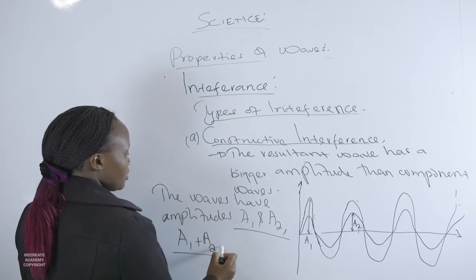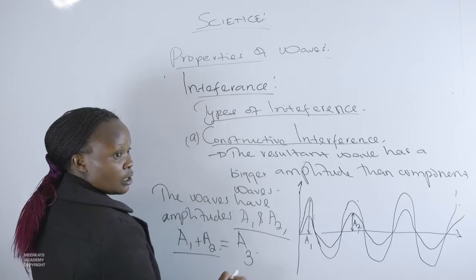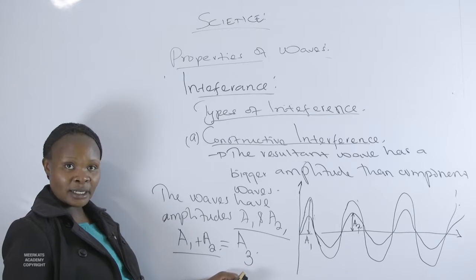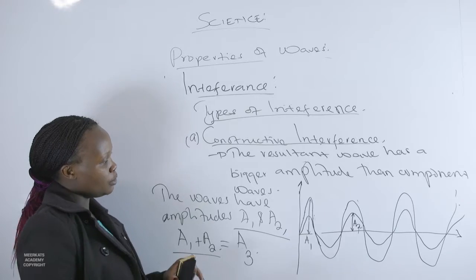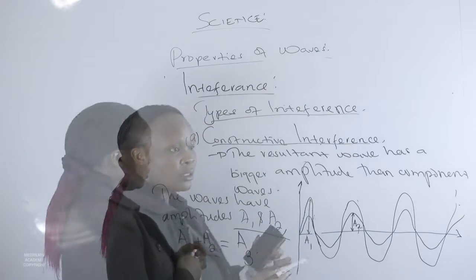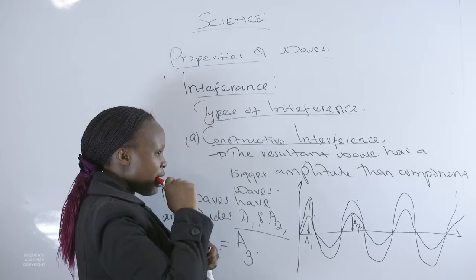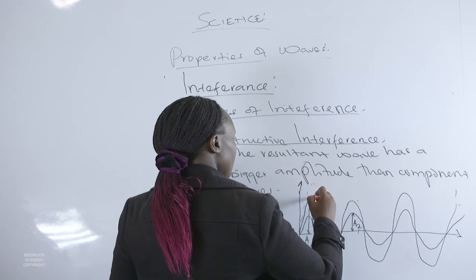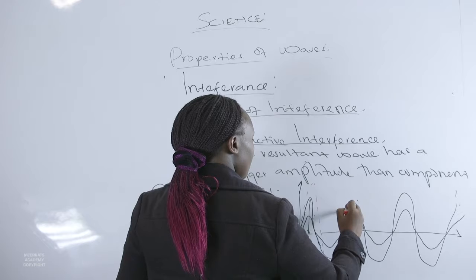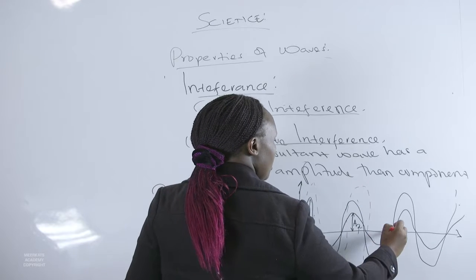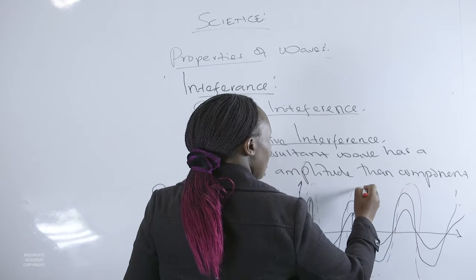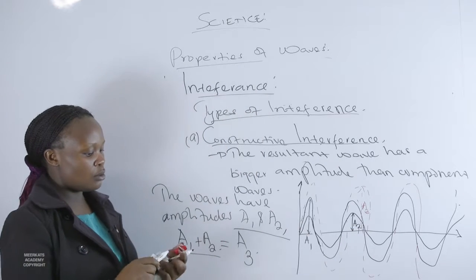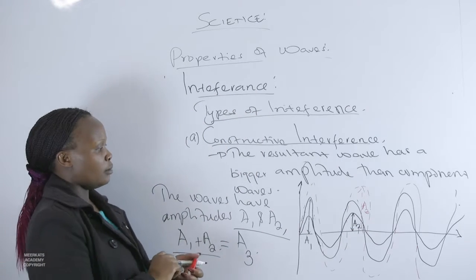Which means that our resultant wave will have an amplitude A3, which has an amplitude bigger than the components, so that now we shall have a bigger wave with a bigger amplitude, A3, which will be a combination of the two individual amplitudes. So we shall have a bigger wave.